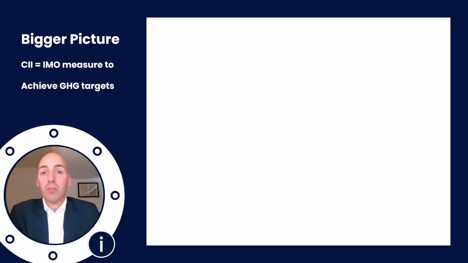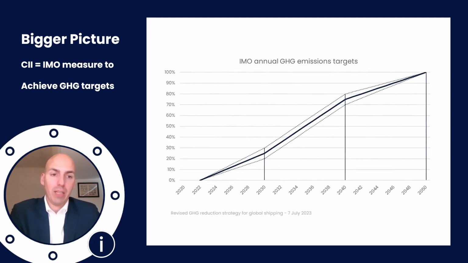And we always like to start with the bigger picture, or why it is important. And what you should know is that the CII is a measure by IMO in order to achieve greenhouse gas reduction targets, greenhouse gas targets. As you can see here, we have the IMO annual greenhouse gas emissions targets, or actually you could call them decarbonization targets.